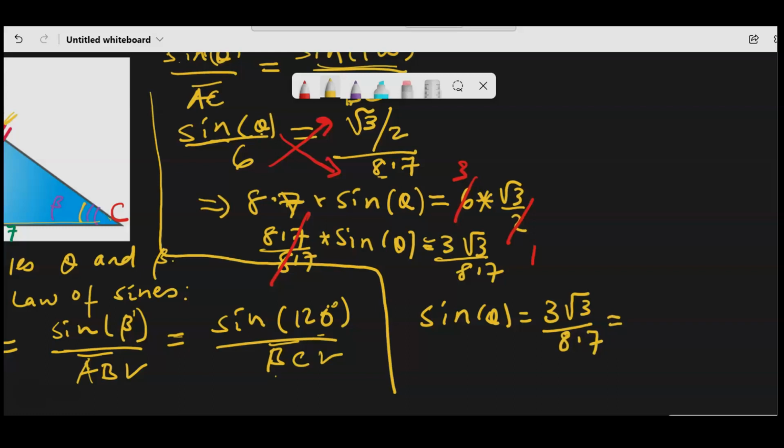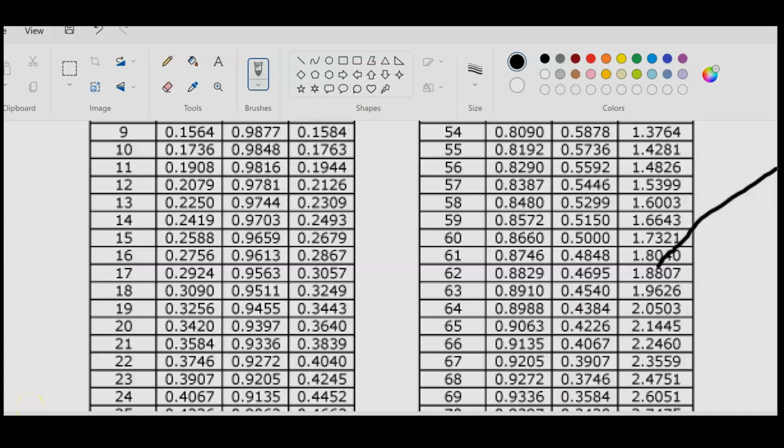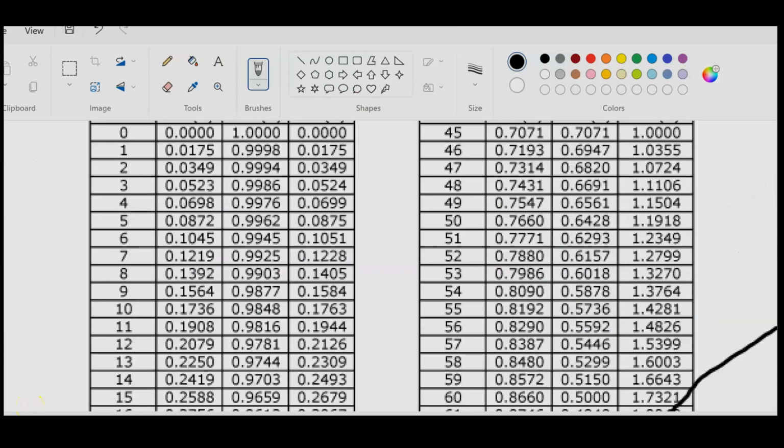Calculating this value, we will find 0.398. To convert this value into an angle, we need to inverse the sine function. So theta must be equal to sine inverse of 0.398. We'll go to the table and find the value of 0.398.